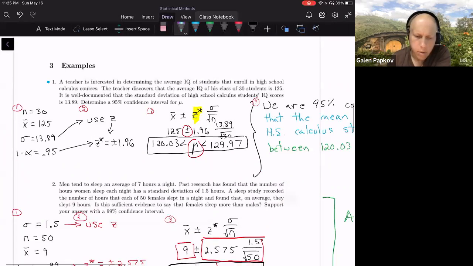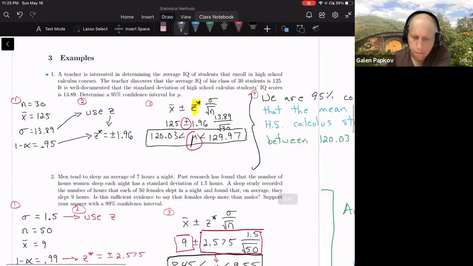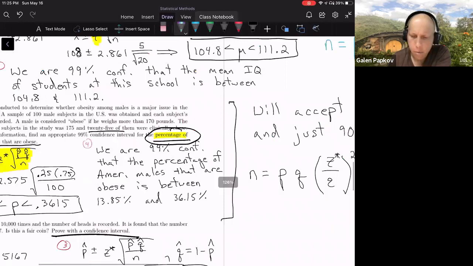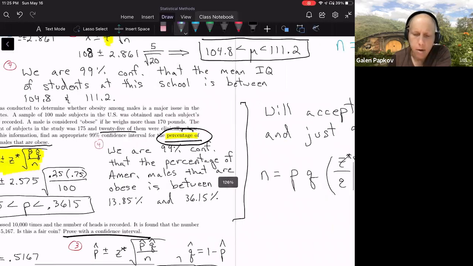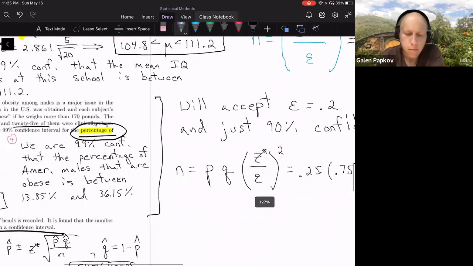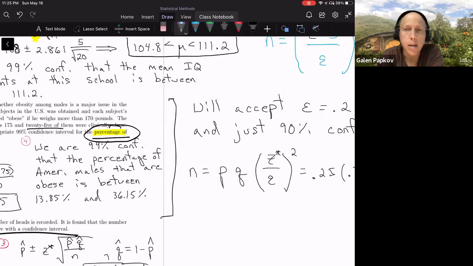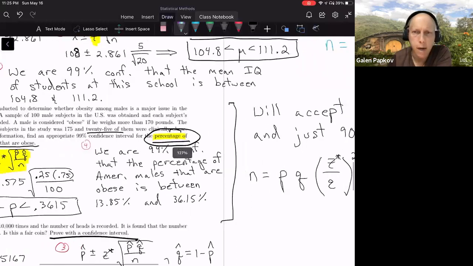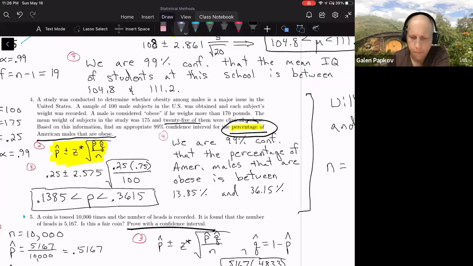What about if we were doing this for proportion? And so let's take a look at number 4. If you're doing this for proportion, and maybe our epsilon or desired error is 0.2 in this case, and let's also change our confidence level. So now we're willing to be just 90% confident. And so now, with our previous study having an estimate for P to be P hat of 0.25, I'm going to make use of that.